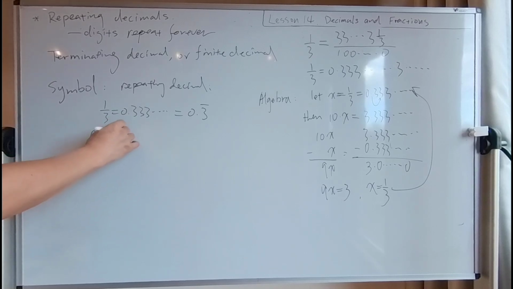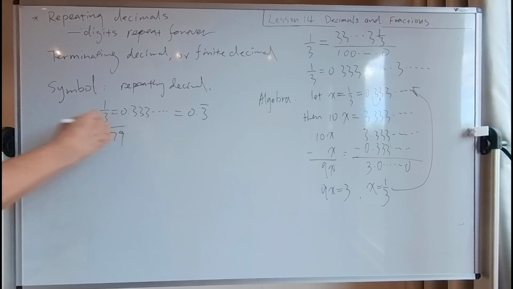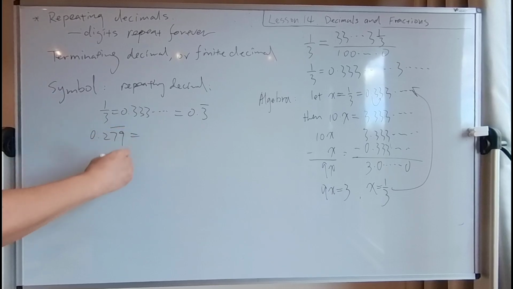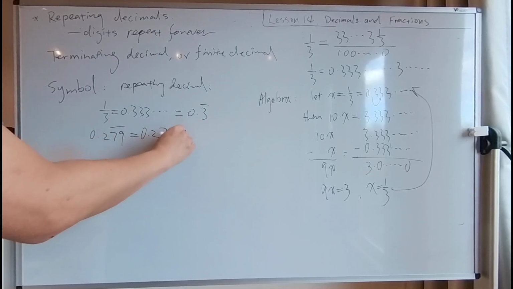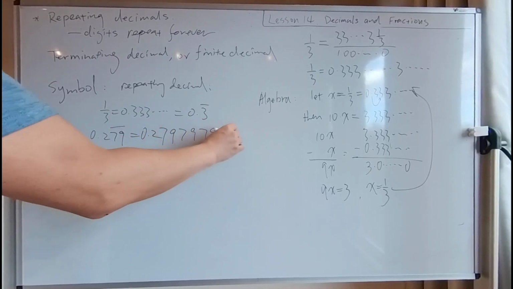Like for example, if in some case you see a number 0.279 with 7 and 9 having a bar on top, this means the repeating component is really just the digits 7 and 9. So there's nothing odd with the first digits 0.2, and then 7, 9 is repeating. So 7, 9, 7, 9, 7, 9 repeating, right?